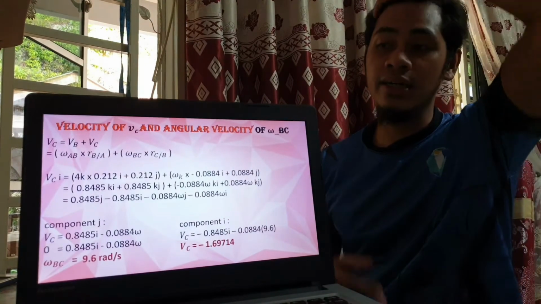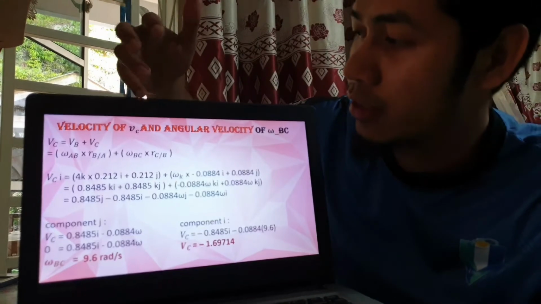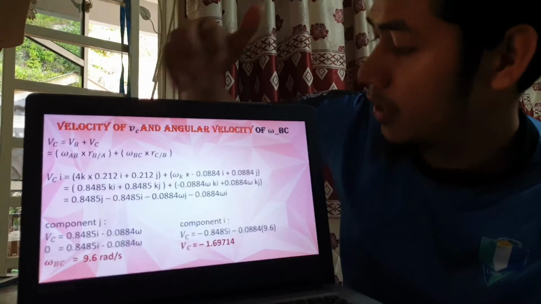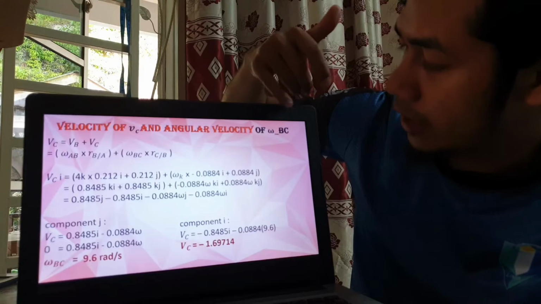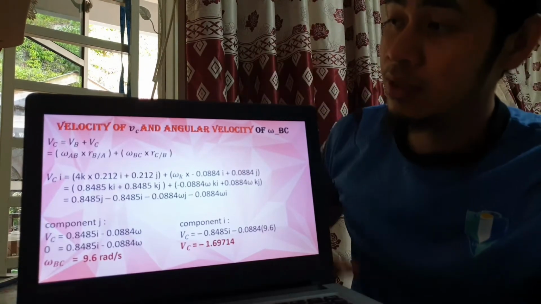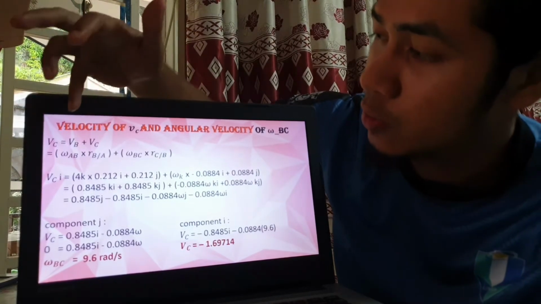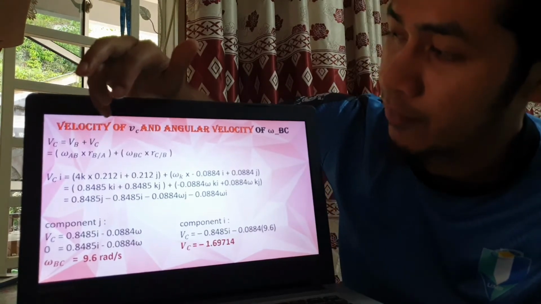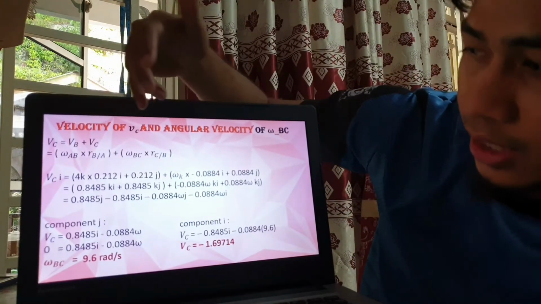This is the manual calculation. I calculate the velocity at point C and get the answer for the angular velocity of BC. This is the equation: VC equals VB plus VC/B.